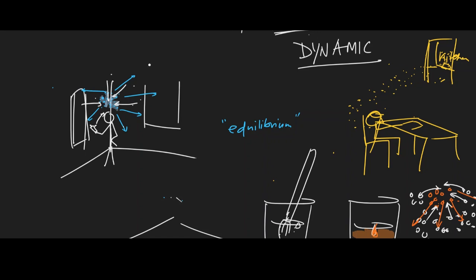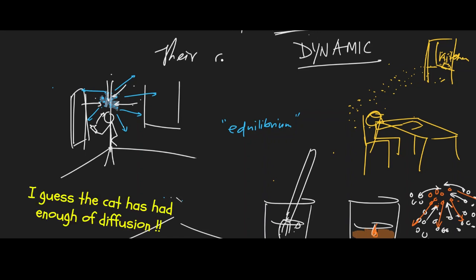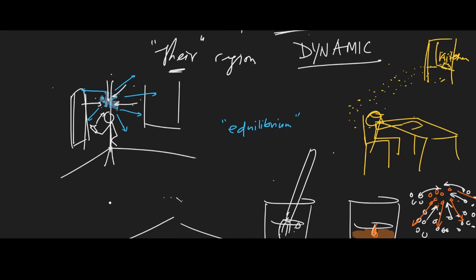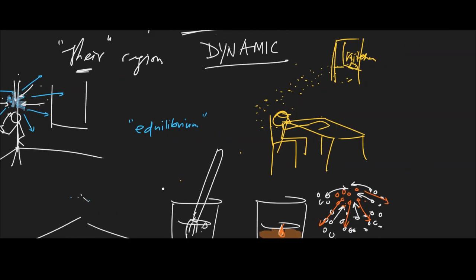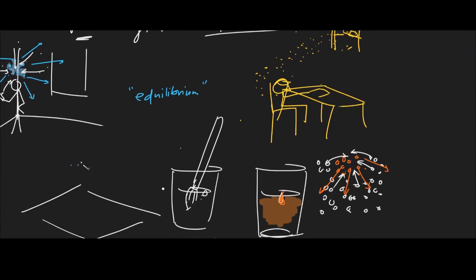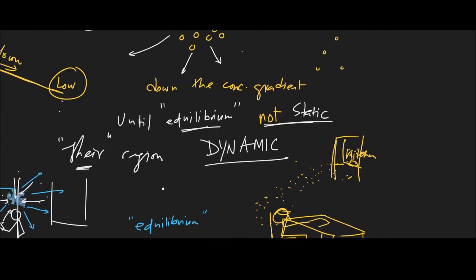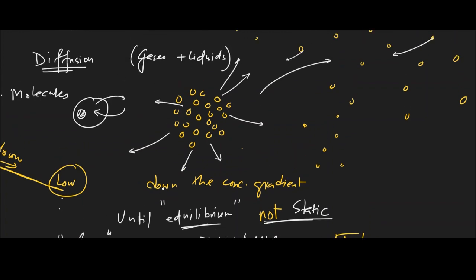Any molecule moves from its region of higher concentration to its region of lower concentration until equilibrium is reached.